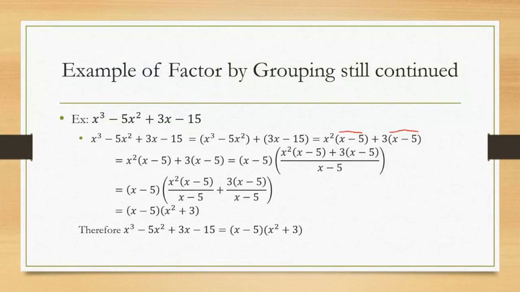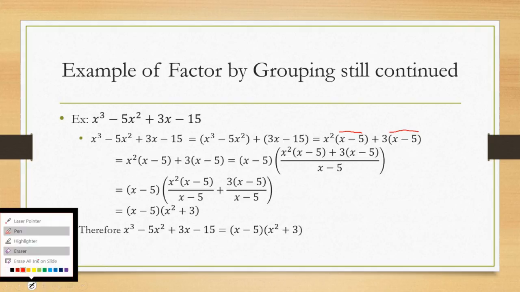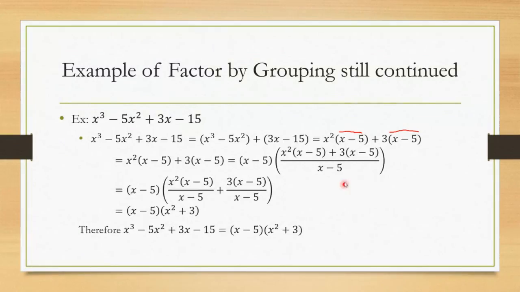Well, if there's a common factor, what do we do? Factor it out. And that's what I'm doing here, right? When you factor it out, it's just like before. You put it out in front, and you divide into each term. That's what these steps accomplish.